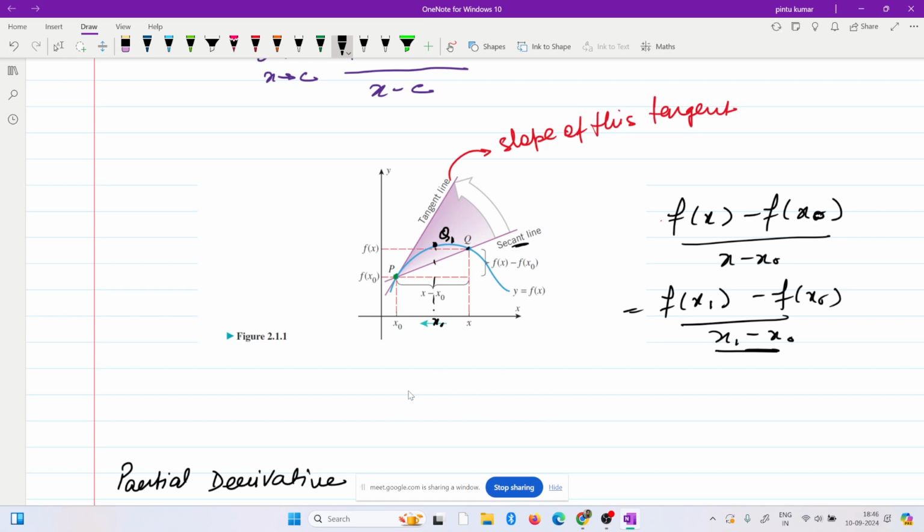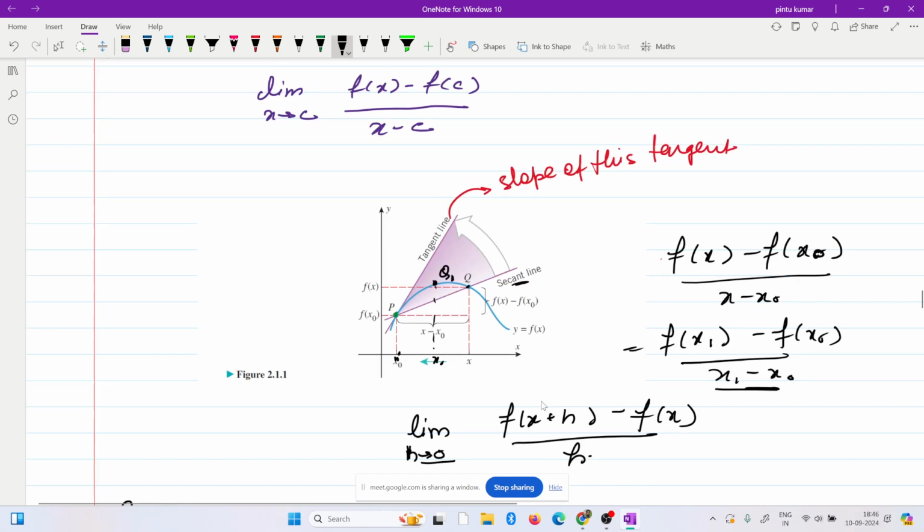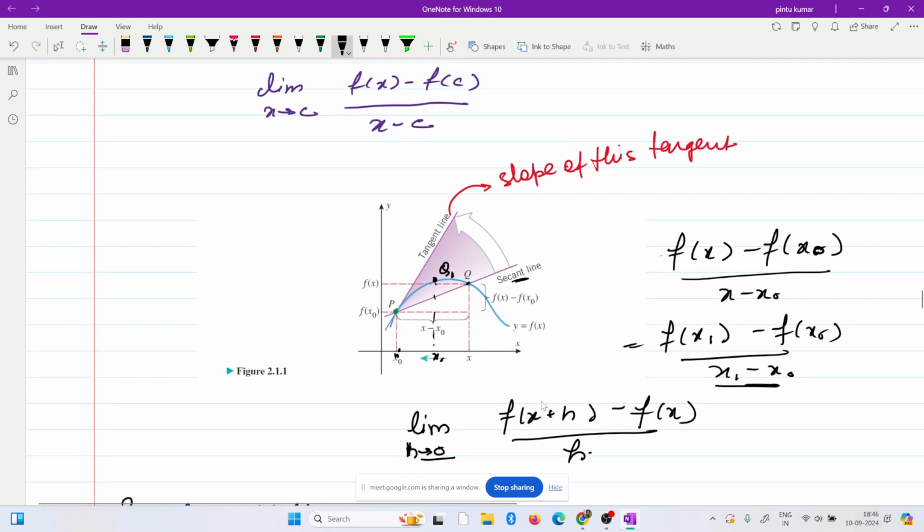So derivative can be defined as limit, let's say h tends to 0, of f of x plus h minus f of x divided by h. So we are just taking 2 points at an h distance, looking at the slope of that particular secant, and we are limiting h to 0. This is how the derivative is defined.